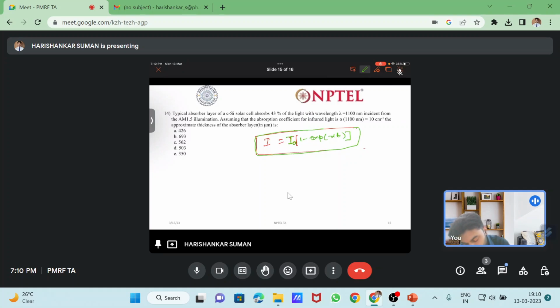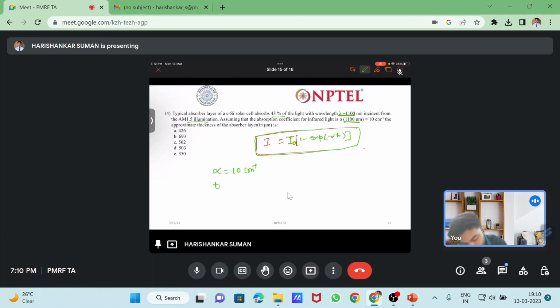A typical absorber layer solar cell absorbs 43% of light, wavelength incident from 1.8 elevation. Assume the absorption coefficient alpha is given, alpha is given per centimeter.